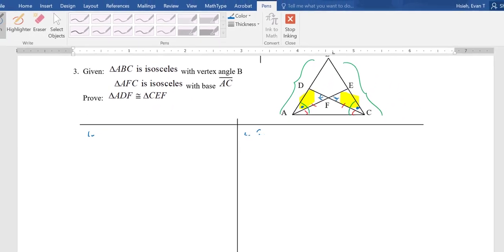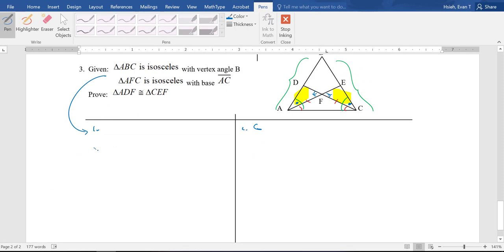Step 1, I've got my isosceles statements, so I'm going to put that in there. Again, on a test or quiz, write that out, please. Step 2, what do I need here? I need the base angles congruent. So angle DAC is congruent to angle ECA, because if isosceles, which is what we have in the first step, then the base angles are congruent.